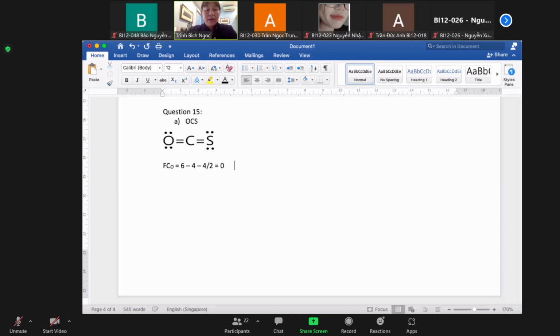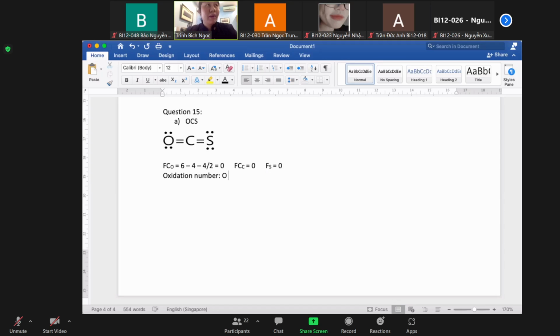The formal charge of carbon is 0. And the formal charge of sulfur is 6 minus 4 minus 2, is 0 also.